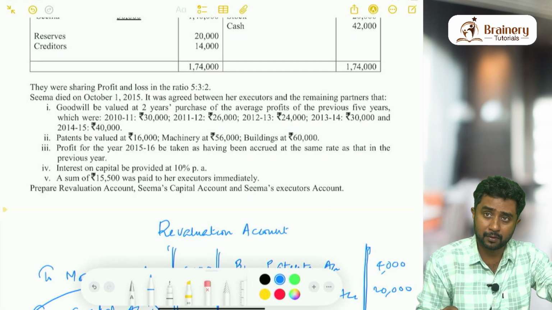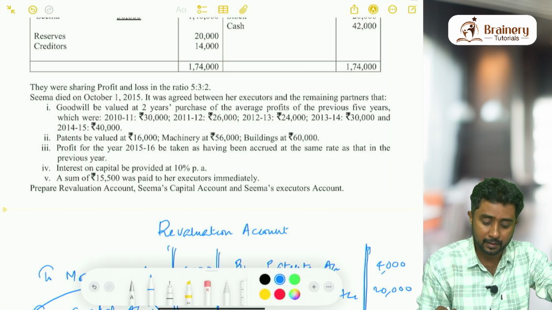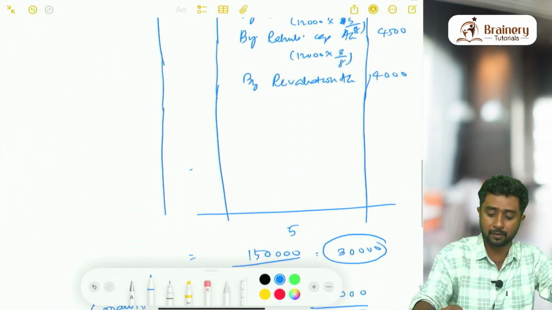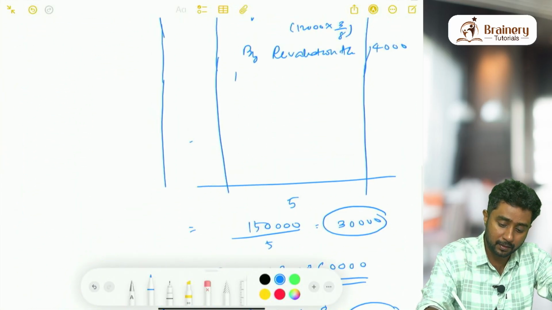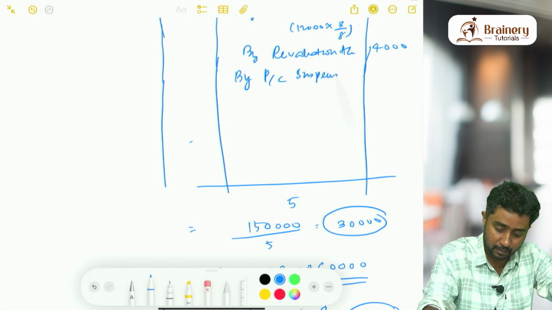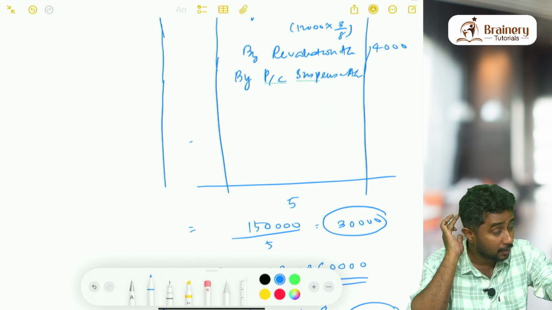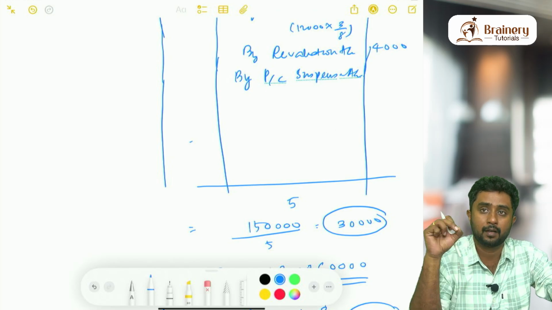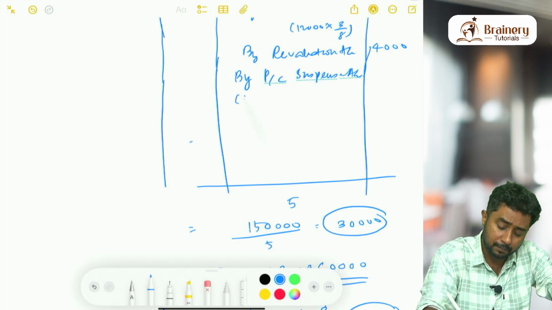So the year before, the profit is 40,000, 2014-15. That profit we have to take as the base for calculating the profit share of the deceased partner. So we will be writing profit and loss suspense account. I am writing the account names in short, but when you are writing, please make sure that you use the full name, profit and loss suspense account. Okay, and 40,000 was last year's profit.